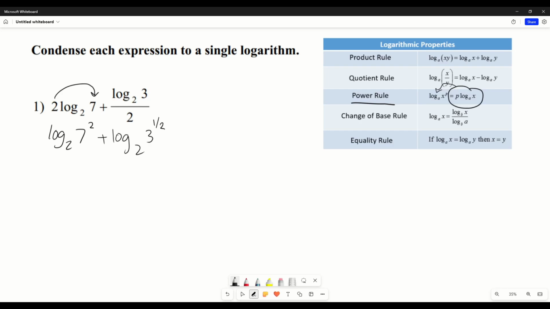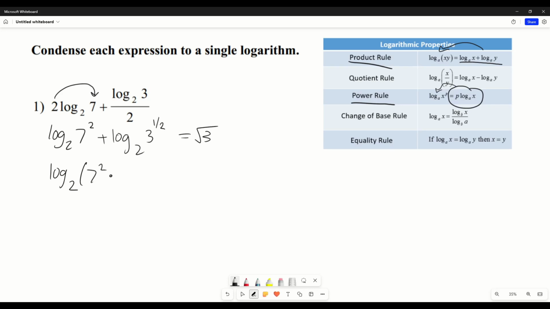Now when we get here, we have this plus, and this plus is going to be the product rule. As you can see, we have log base a of x plus log base a of y. We're going backwards and making them multiply. So let's keep log base 2, and put them in parentheses. We have 7 squared times 3 to the power of 1/2, which is basically root 3.